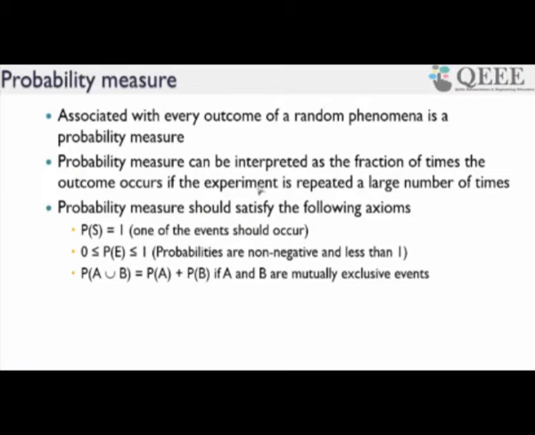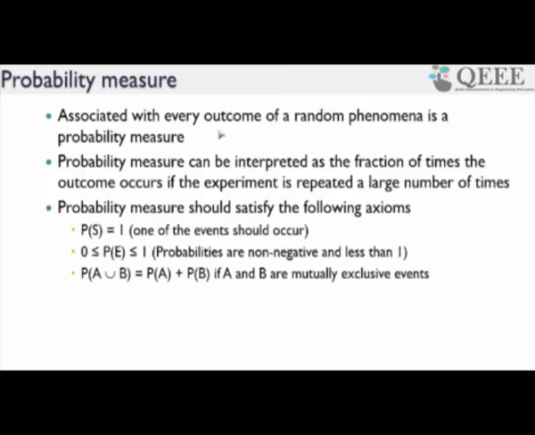Any time we do an experiment, there is an outcome that comes about. Associated with every outcome is a probability of that outcome occurring. In the head or tail example, if the outcome is head, then the probability of that outcome is half, 0.5. If the outcome is tail, the probability of that outcome is 0.5.